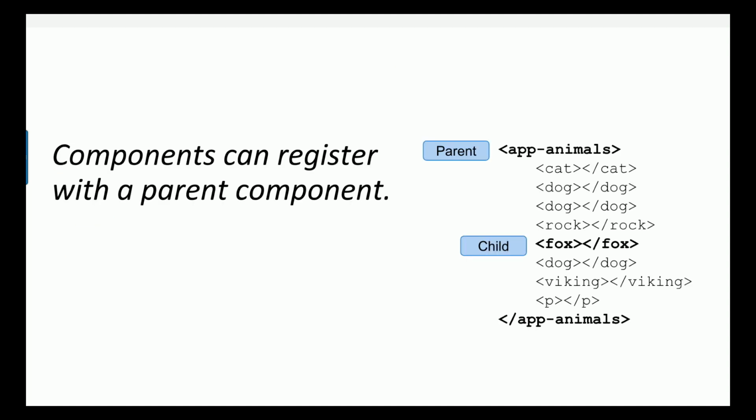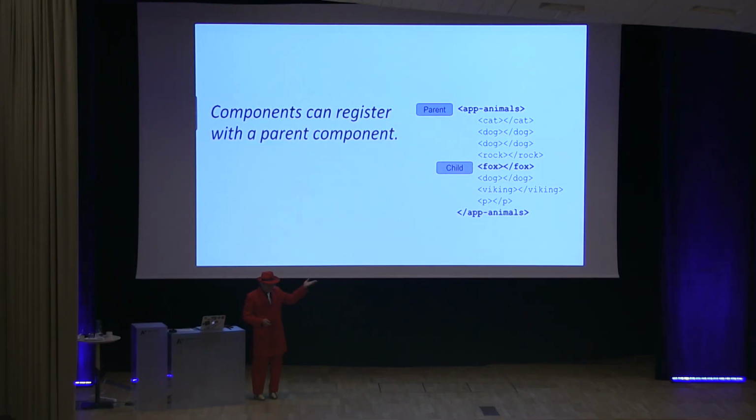Well, maybe what we could do instead is have each of the individual components that gets projected in talk to the container and say, hey, here I am. All right, how might we do that? And by the way, there's a real life example of this, which is, if you think about how the tab control works, you have a tab container, and the tabs inside it know that they register themselves with a tab container.